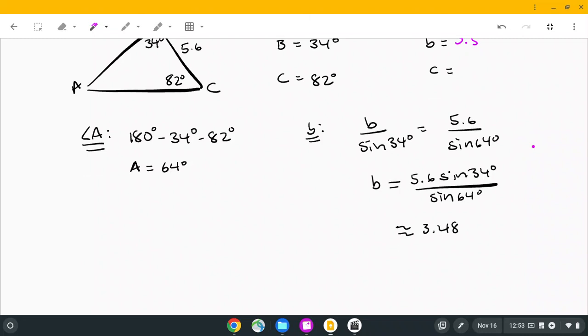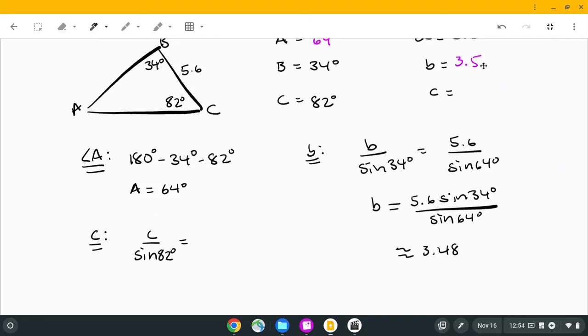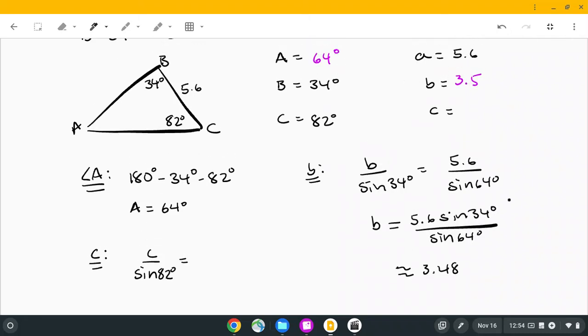All right, and let's do C. So lowercase c, we can do the same thing. So lowercase c over sine 82 equals lowercase a, and really at this point it doesn't matter which one you use. If I made a mistake between these two that I found, I would say there's more possibility of an error here than there is here. So I would choose to set up my ratio using the A's instead of the B's.